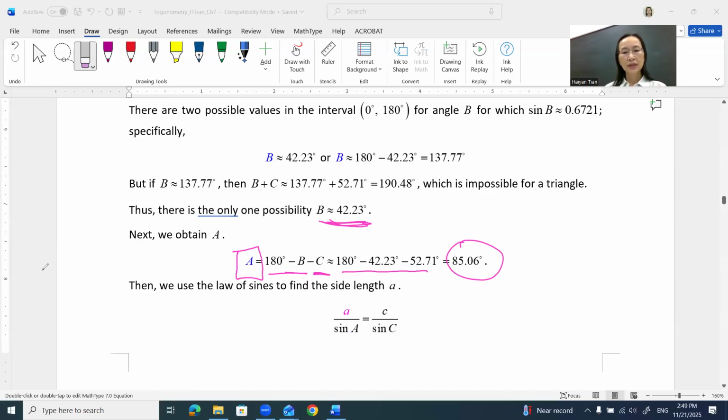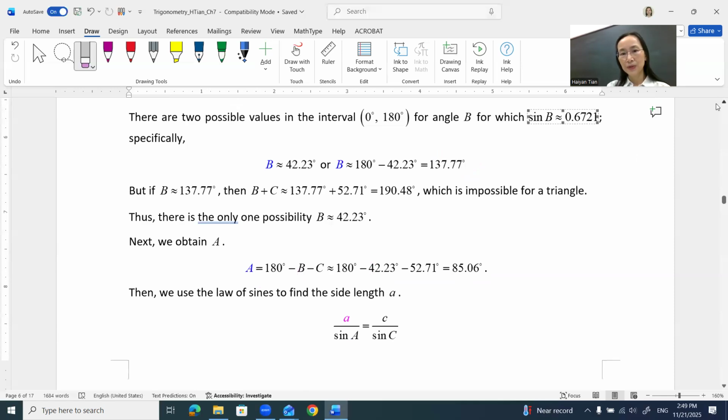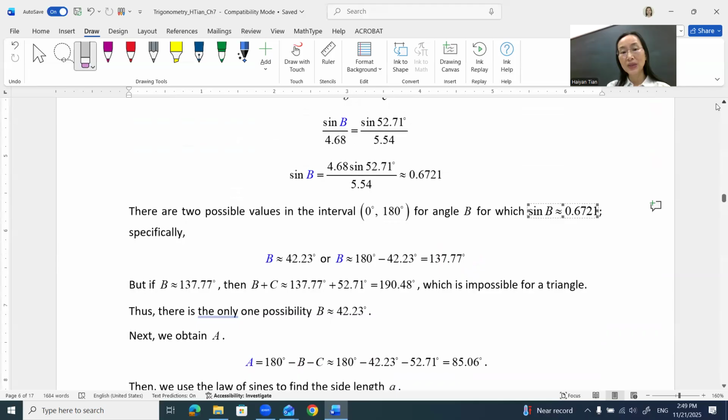But certainly when B is obtuse, then you put in the other possible value of B, and you can find another possible value for A as well. So we can discover two possible values for A, depending on what this capital B is.